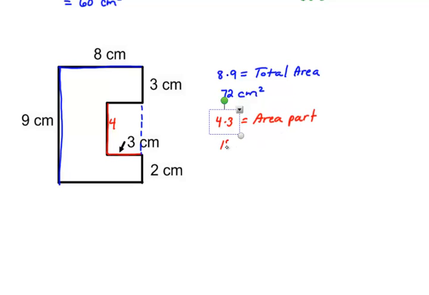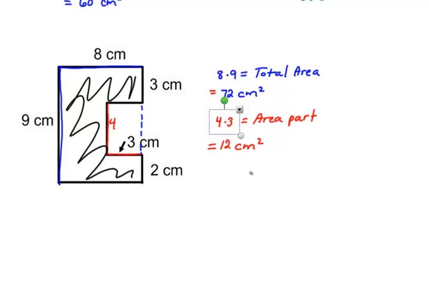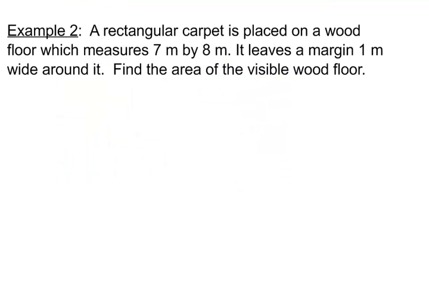So that's equal to 12 centimeters squared. So then Theorem 6 says if I want to find this area right there, I subtract them. So 72 minus 12 is equal to 60 centimeters squared. Okay, so that's using Theorem 6.